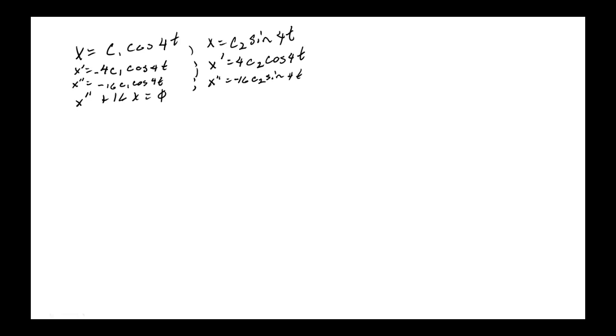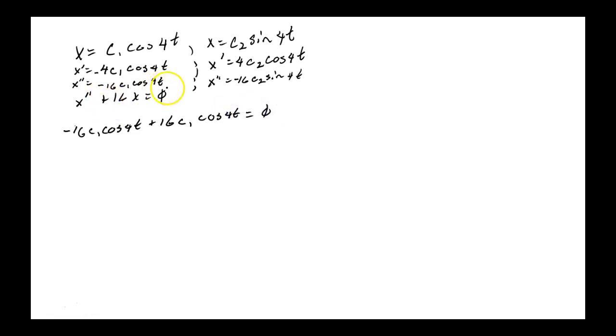Now, plugging each of those into this differential equation, let's start with this one. Minus 16 C1 cosine 4t plus 16 times that first x, which is C1 cosine 4t. Sure enough, that's pretty obviously equal to 0.